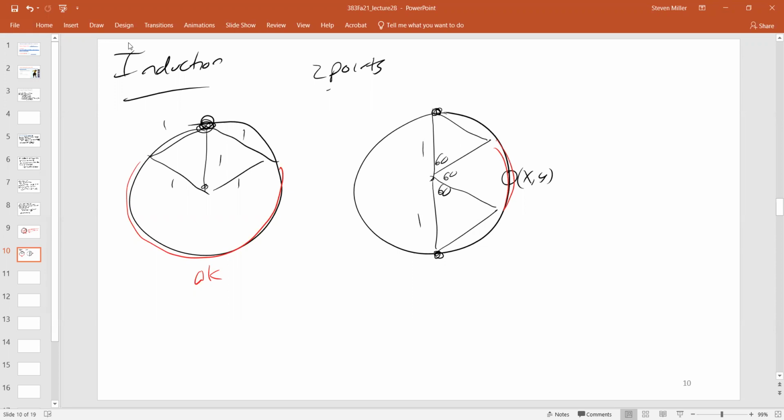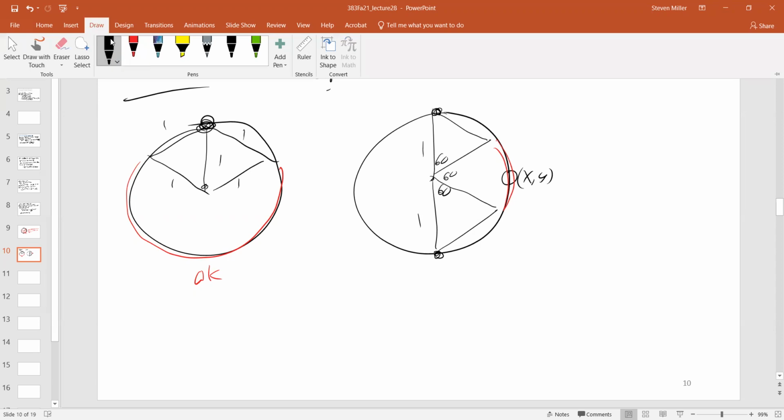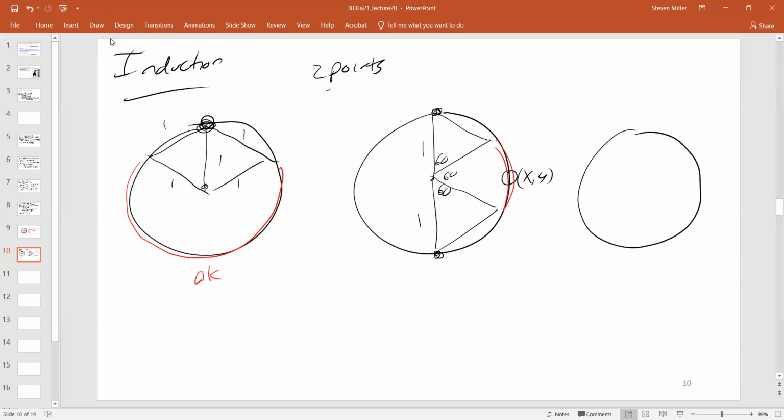What about 3 points? What's the worst configuration with 3 points? Yeah, maybe roots of unity. And then if some of the points are closer, then that would mean something else is further apart.